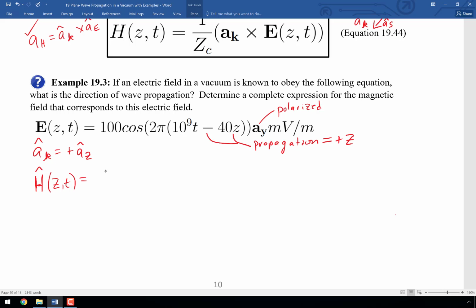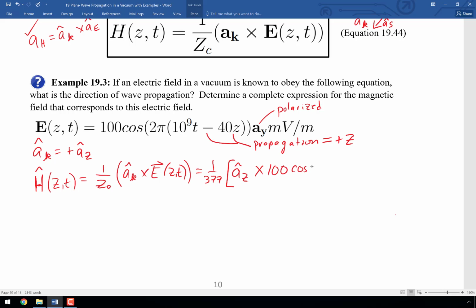So this is 1 divided by Z sub 0 times A sub k crossed with E of z comma t. So this is 1 over 377 times A sub z, and we just saw that A sub k was equal to A sub z, crossed with 100, and that cosine, we can leave it in cosine form, we could convert it into a complex exponential.